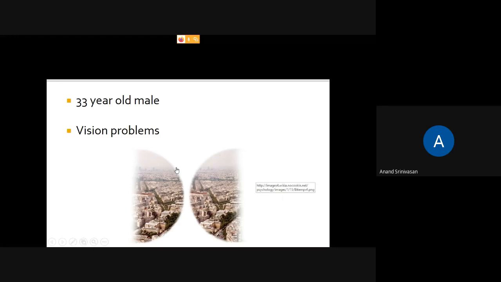He is not able to see the lateral part of the vision. Normally you are able to see a small part of the lateral side, like who is coming on the sides. But this person has only a tubular vision. Now, what can this be due to?